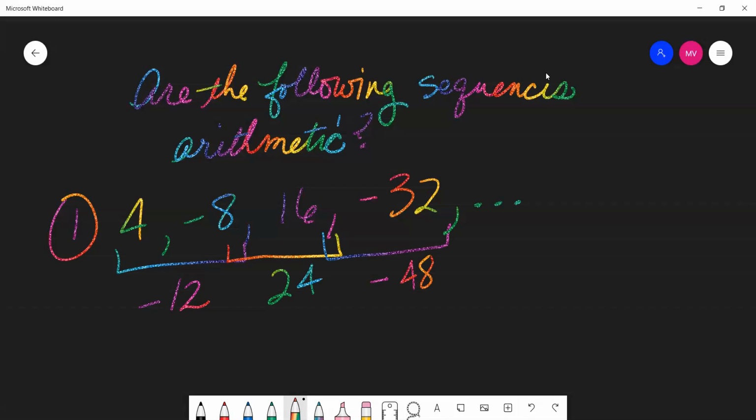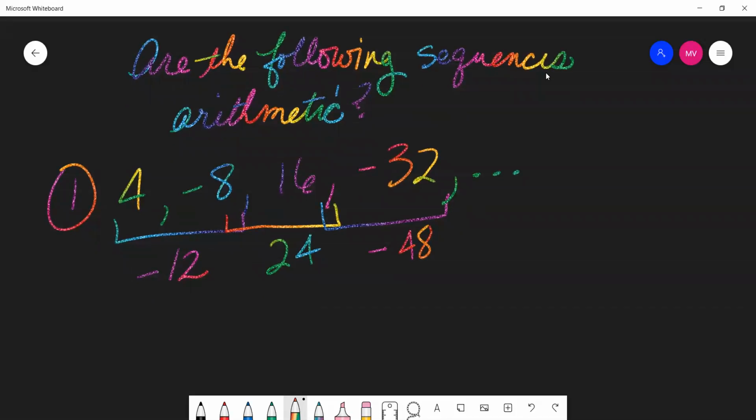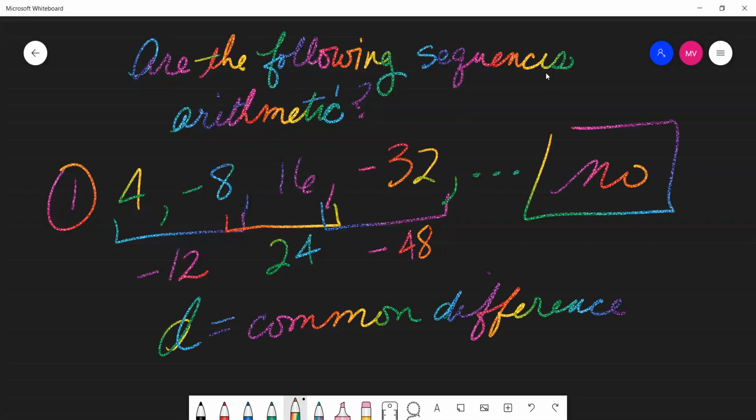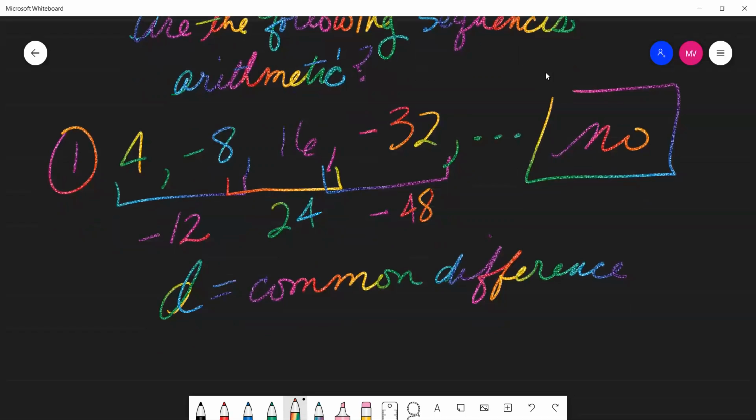So there is a pattern here, but it is not an arithmetic sequence, because an arithmetic sequence must have a common difference, that D. So no, this is not an arithmetic sequence.